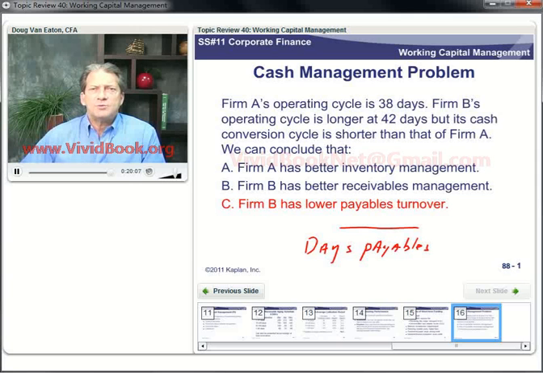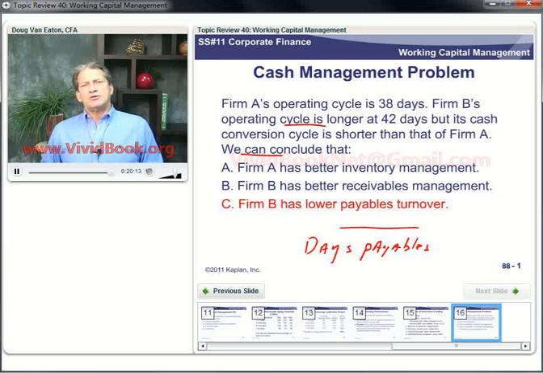Now the difference between the operating cycle and the cash conversion cycle was with the cash conversion cycle we subtracted off days payables. So Firm B's operating cycle is longer but its cash conversion cycle is shorter. It must have a longer days payables by at least the difference here of 4 days.